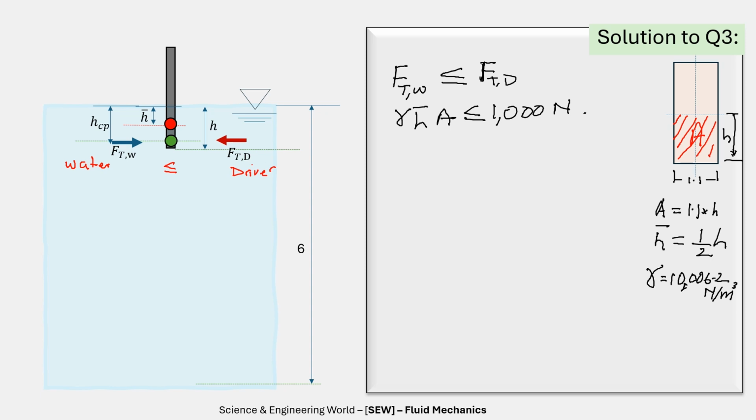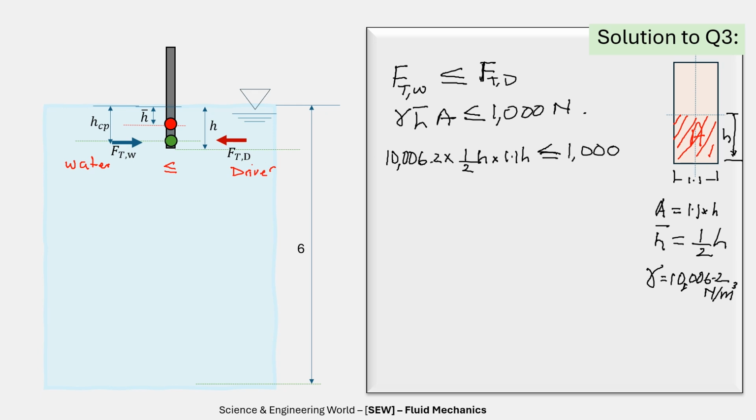With all this established, we can now put them inside this expression. And then we have F_T water will be 10,006.2 times H bar, which we have seen is 0.5 or 1 over 2 H, and the area is 1.1 H, and all of this will be less than or equal to the effort of the driver.